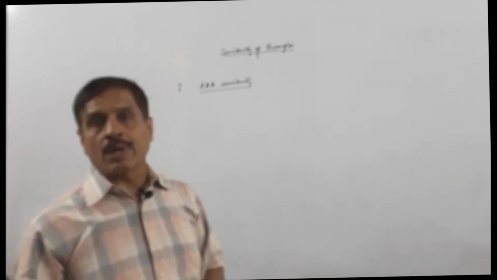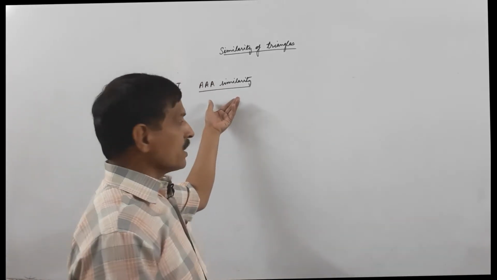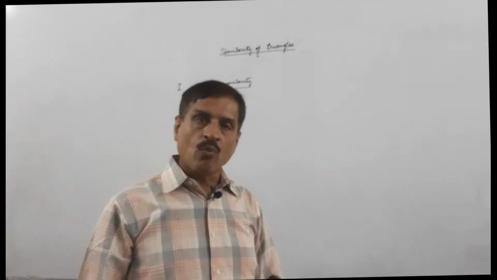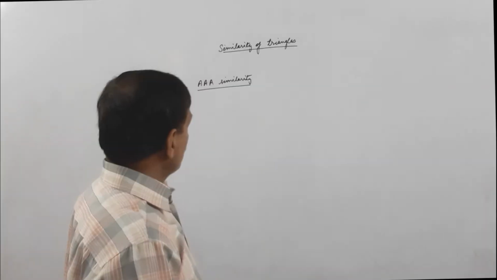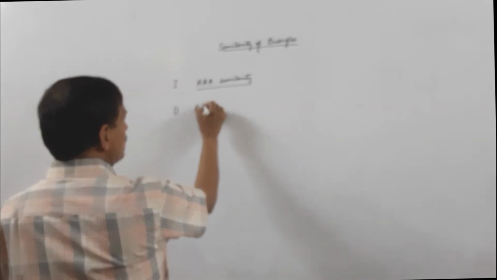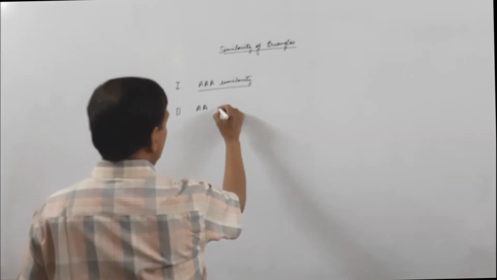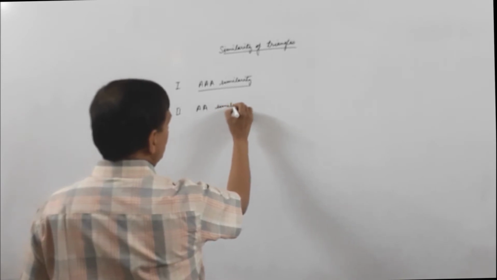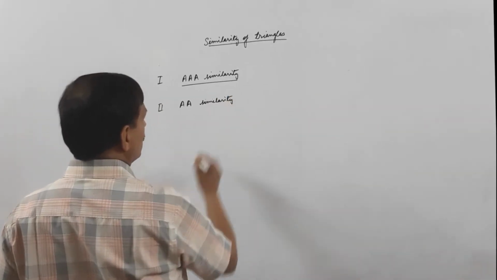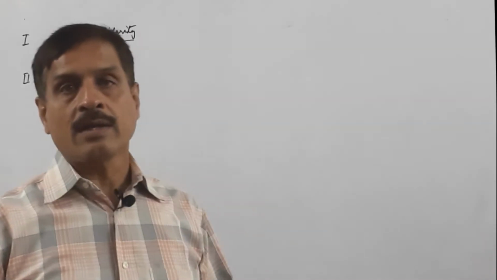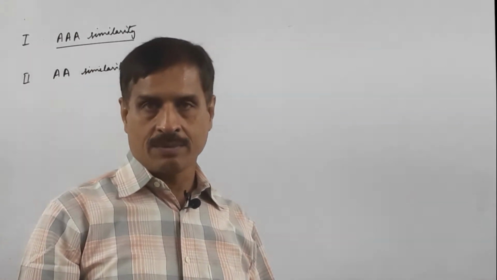In fact, this is a corollary from triple A similarity, because in a triangle, sum of angles of a triangle is 180 degree.